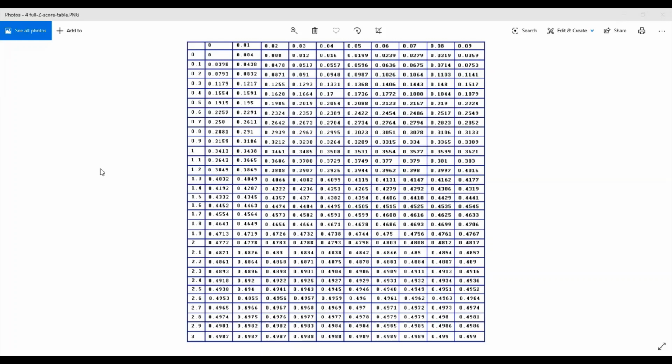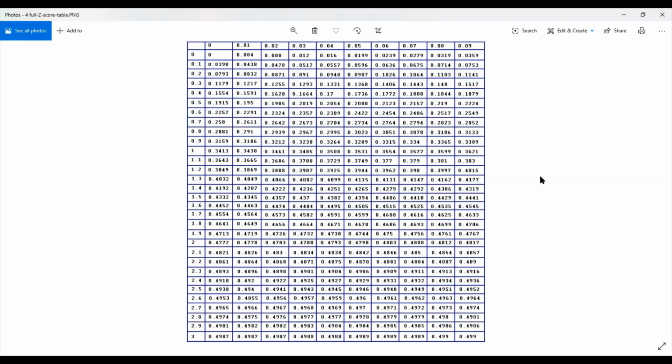Yes, sir. I have also shared the constant values on the WhatsApp group for your reference. What is the constant for 90%? 1.65, correct. When I say a confidence level of 90%, that is 0.9. In the Z table, we always look at one side of the mean, so we consider half of the confidence, that is 0.45.